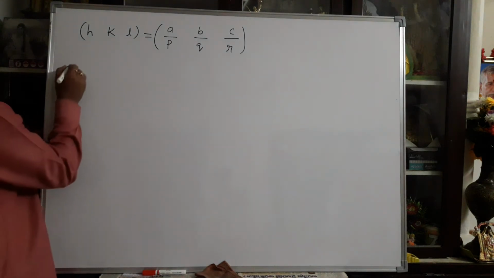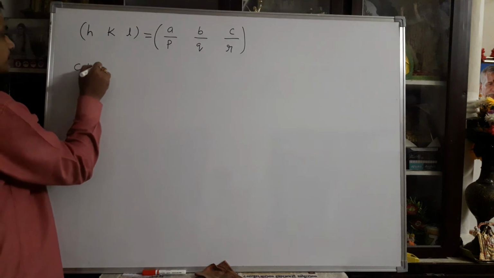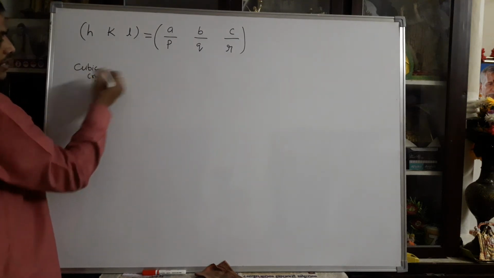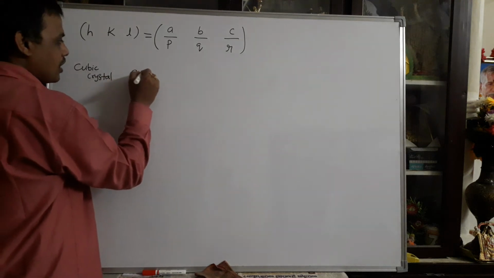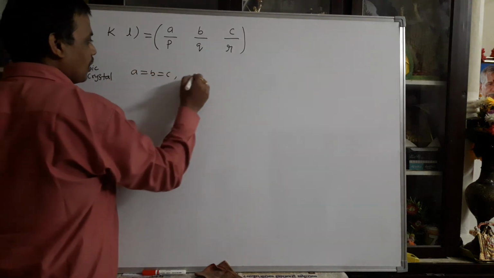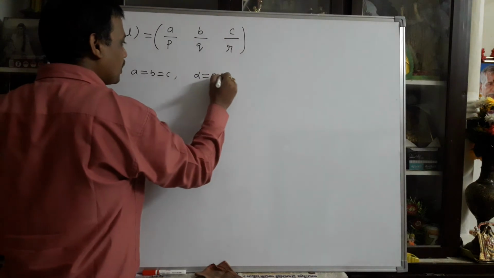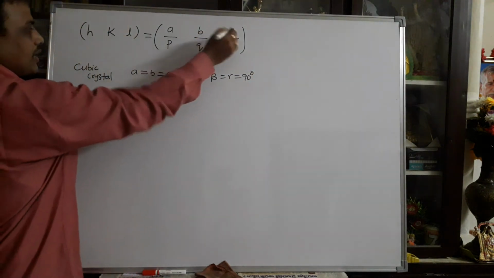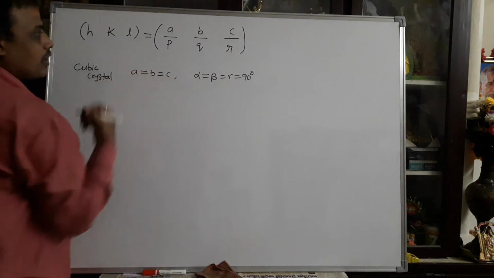Suppose you take the cubic crystal. What is the condition for a cubic crystal? a equal to b equal to c, and alpha equal to beta equal to gamma equal to 90 degrees. Depending on the lattice constant, a, b, c are equal.